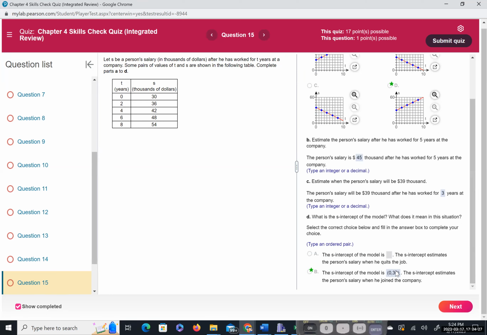Oh, okay, I know what my mistake was. It was the S intercept here. I forgot to put it down as an ordered pair. So you must make sure you put in ordered pairs, okay? All right.